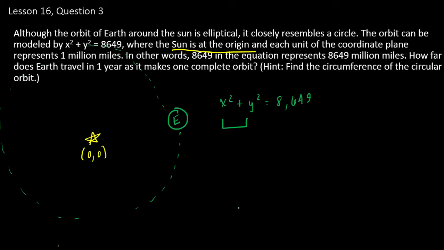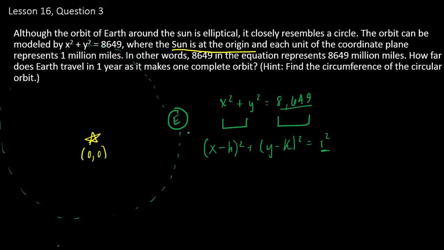This part, the x squared plus y squared, tells me that my circle is centered around the origin. What does this describe? Well, if I compare it to my general equation of a circle, I know that 8,649 is equal to r squared. And why is that important?